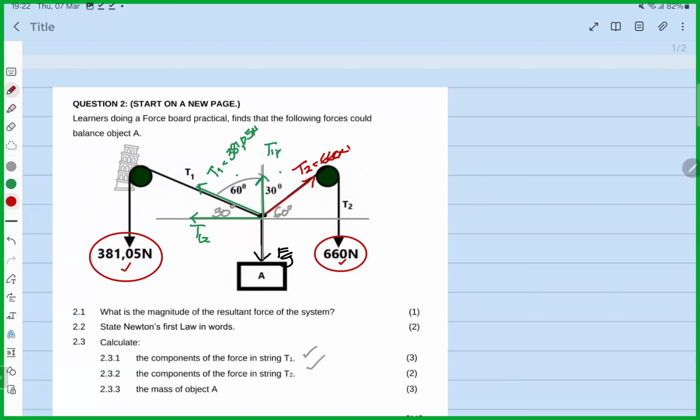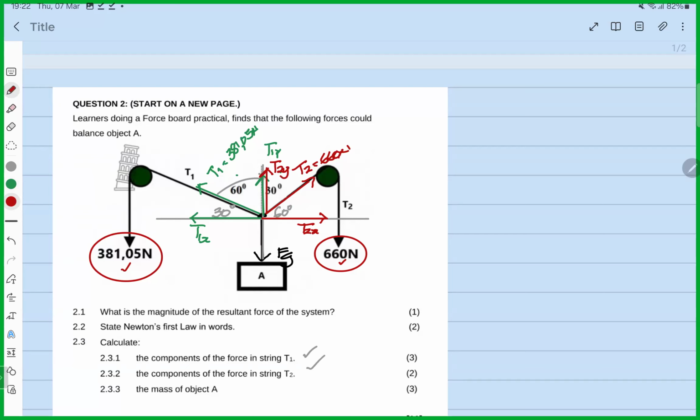And then for T2, that's T2x here, and that's T2y there.